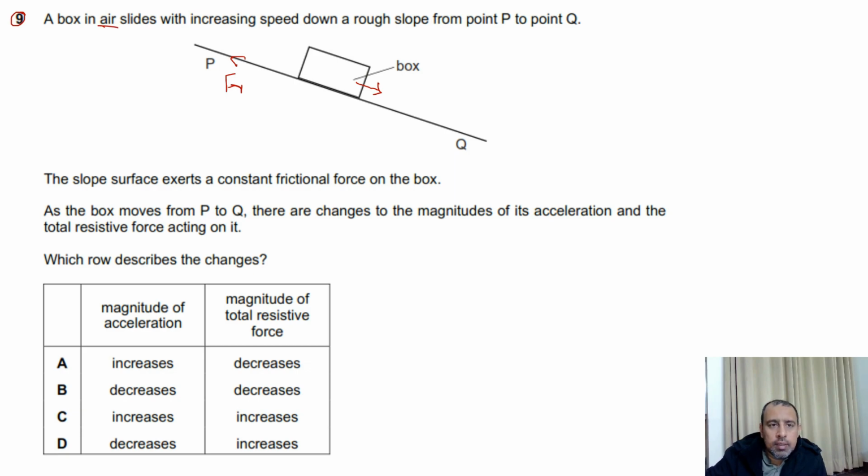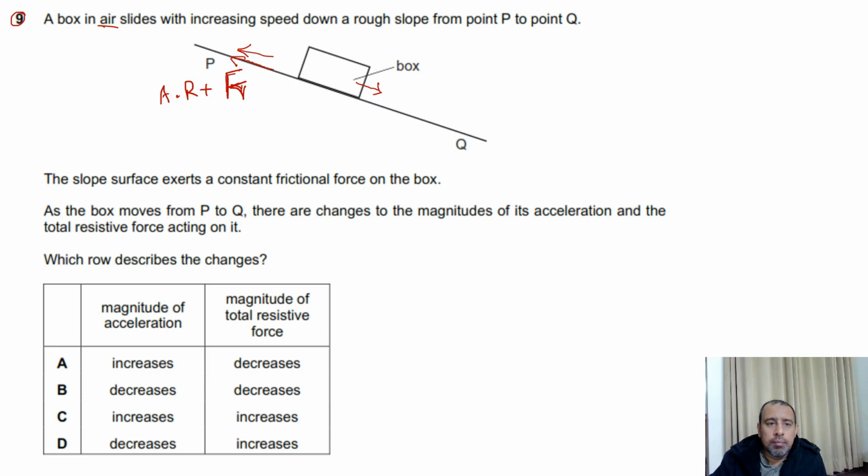It means there is another force other than this Fr, that is air resistance, which is also acting on it. These two forces are acting. One is the frictional force, and the other one is air resistance. Their direction is upward, up the slope. As the box moves from P to Q, there are changes to the magnitude of the acceleration and the total resistive forces acting on it.